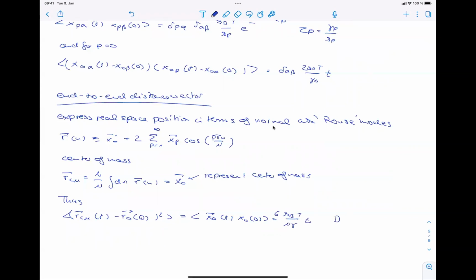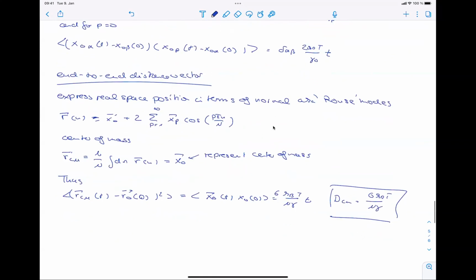So we have this diffusion of the center of mass given by 6 kBT over N gamma as previously. So that's just a sanity check. We wanted to learn about the internal modes of the system, and that we didn't have access to before going to the normal space and normal modes.